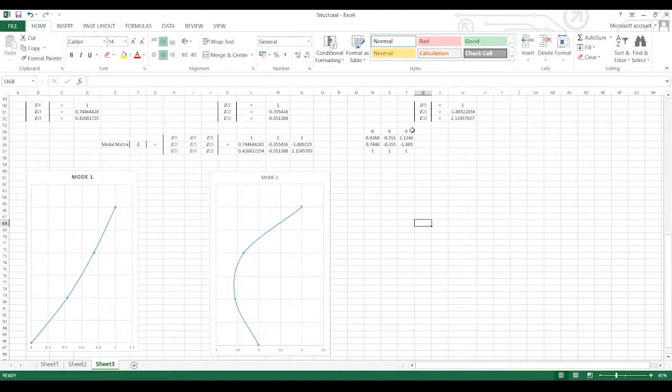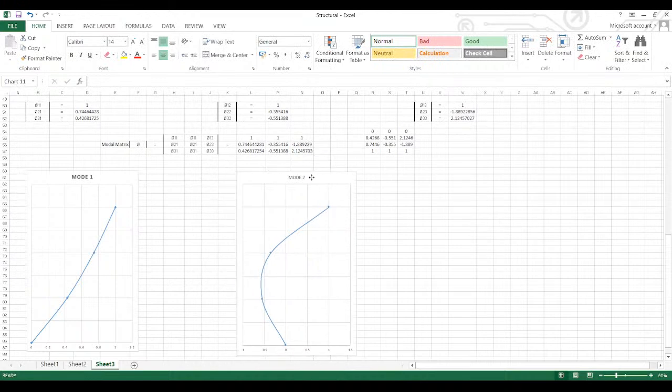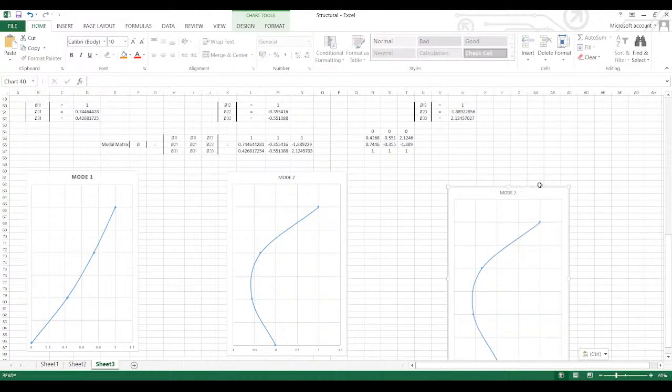For the third one, better to use Control C. This can be copy-pasted.